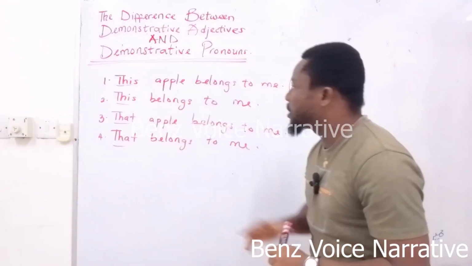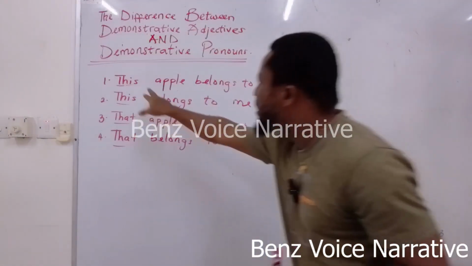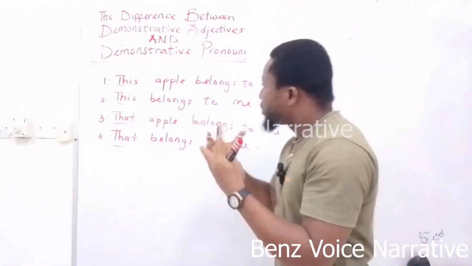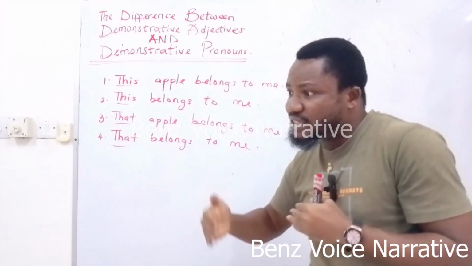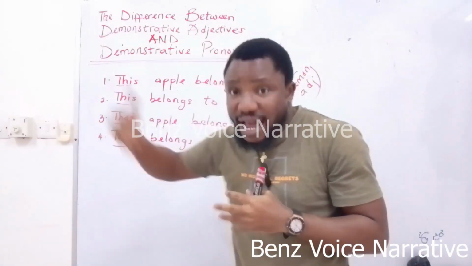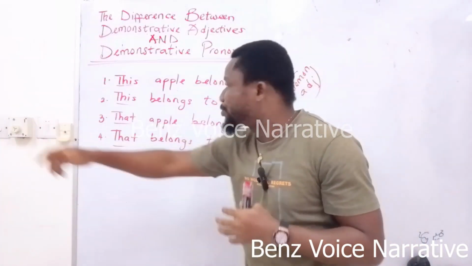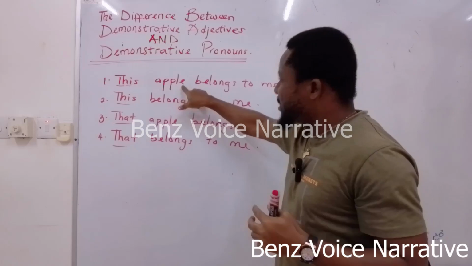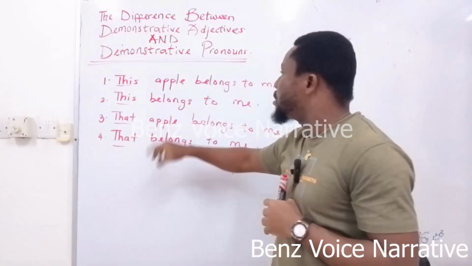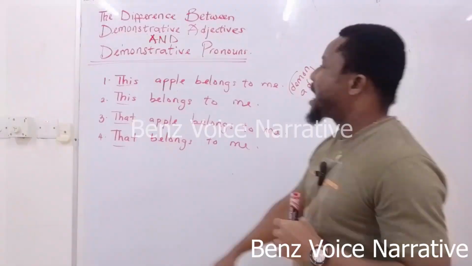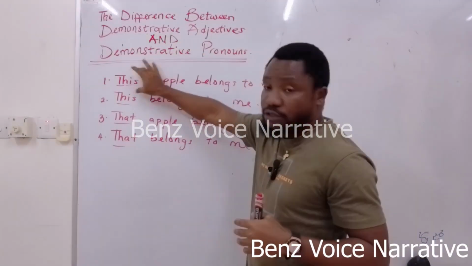Why is it demonstrative? Because it is pointing at something. So structurally, a demonstrative adjective must attract a noun because adjectives describe nouns. This demonstrative is pointing to this noun, apple. So that is why structurally we must have a noun come after the demonstrative.